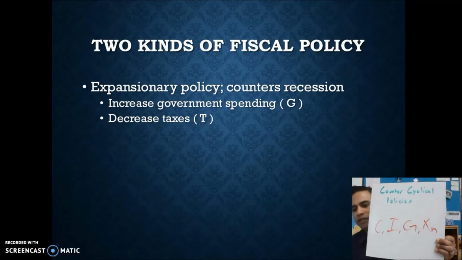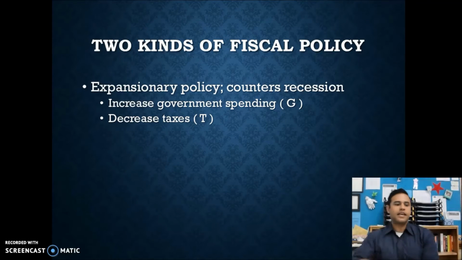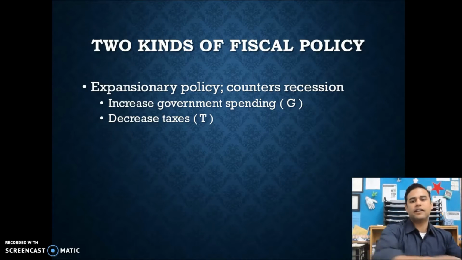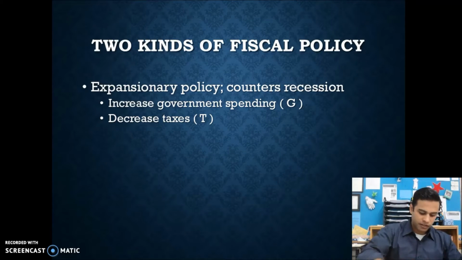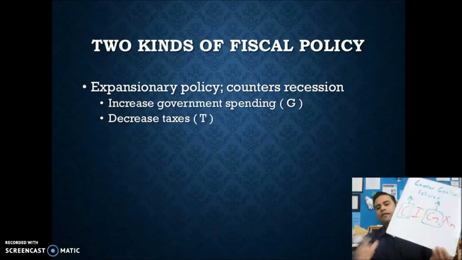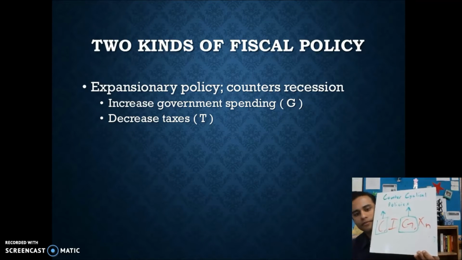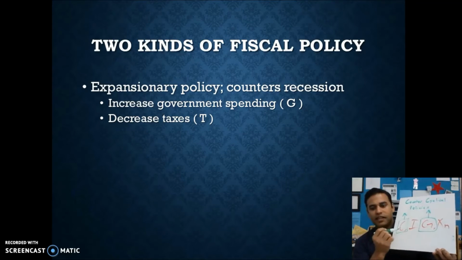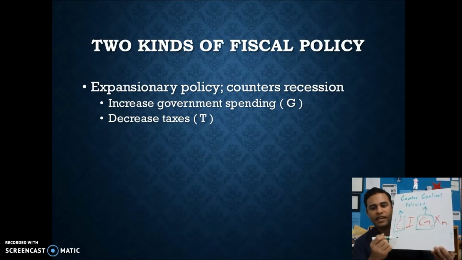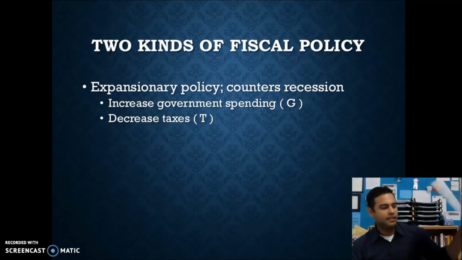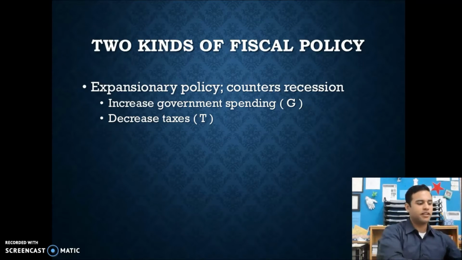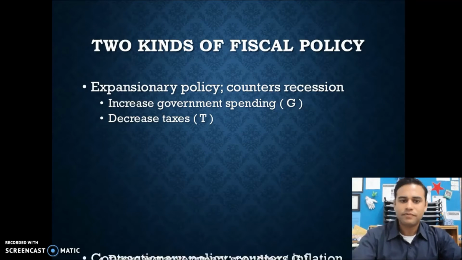These are the components of GDP. And what I'm saying is expansionary fiscal policy increases 2 out of the 4. That's what I'm saying, right? Now, the consumption spending is by way of decreased taxes, and the government spending, well, that's easy because they just increase the amount of money that the government spends.